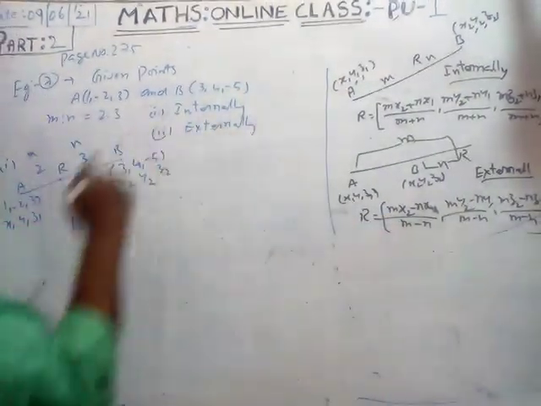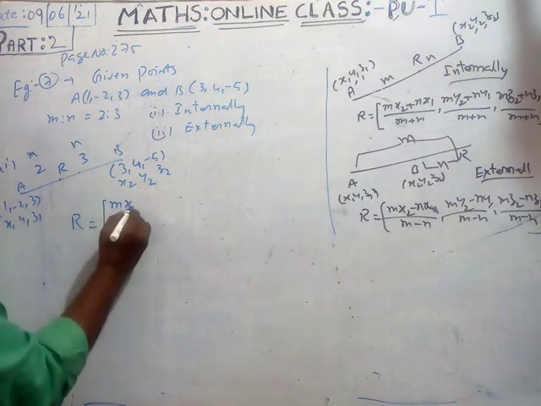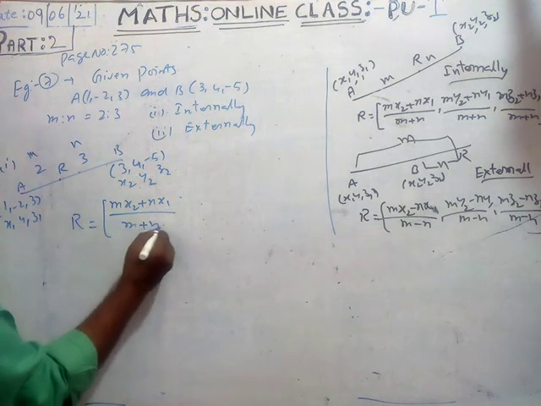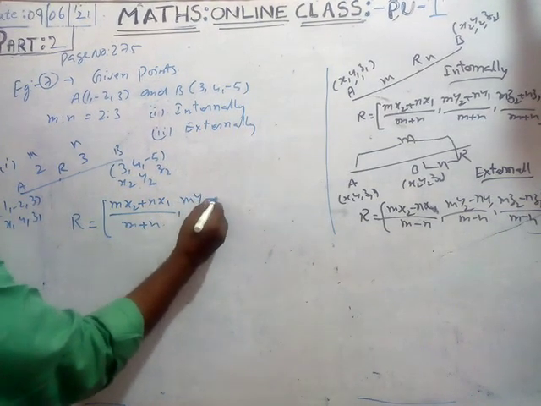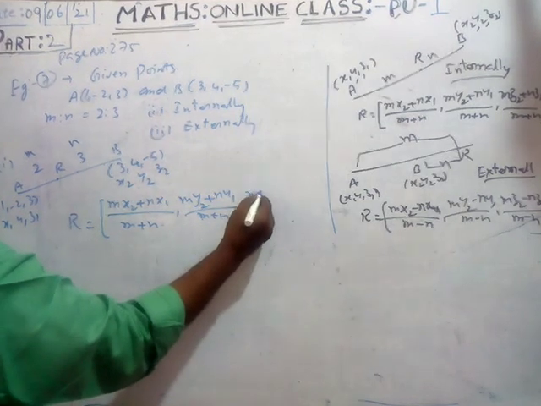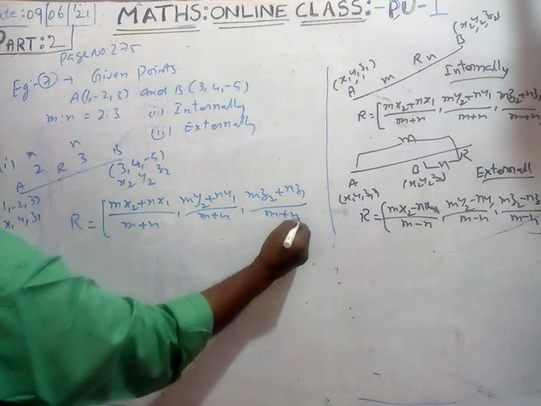That formula we have to write here also. So it is (mx2 plus nx1) by (m plus n), (my2 plus ny1) by (m plus n), and (mz2 plus nz1) by (m plus n).